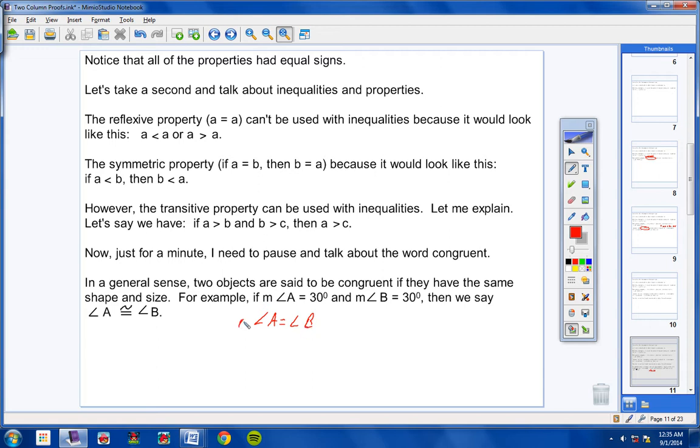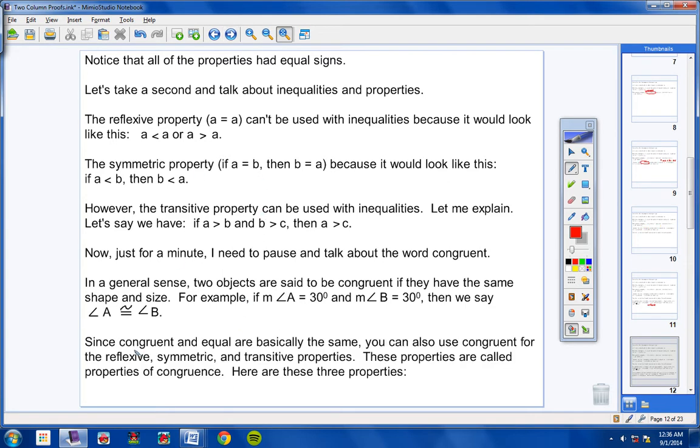We say the measure of angle A equals the measure of angle B. But we also say angle A is congruent to angle B. In fact, the definition of congruent angles is when two angles have the same measurement, they're congruent. We know that, okay?